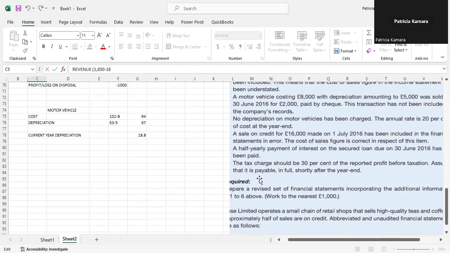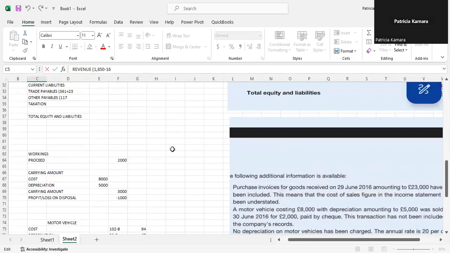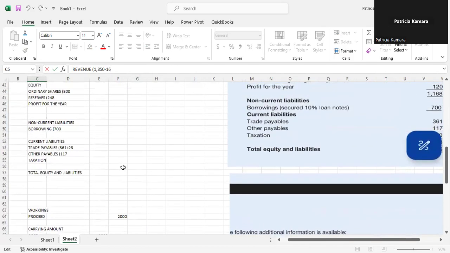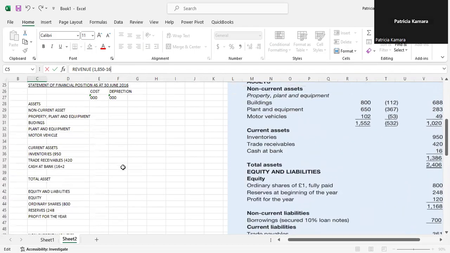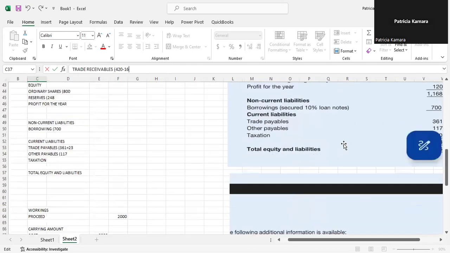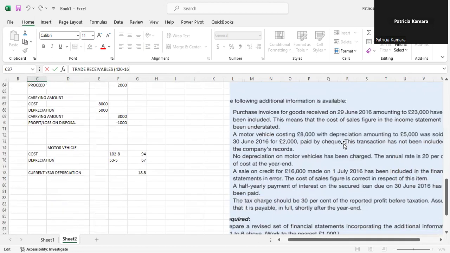And because it had increased in error, we have to take it out. So receivables can be found in current assets, okay? So we will deduct that 16 from the receivable amount that we are expected to receive. So we'll make the adjustments. Okay, so we're told that the cost of sale figure is correct, which means that there will be no adjustment made to the cost of sale figure.